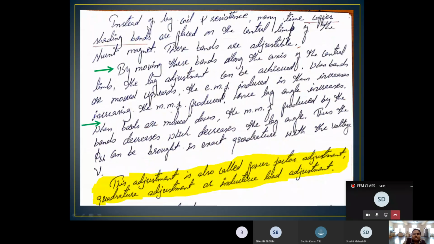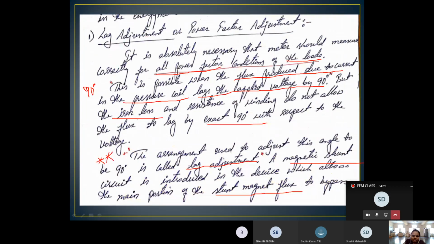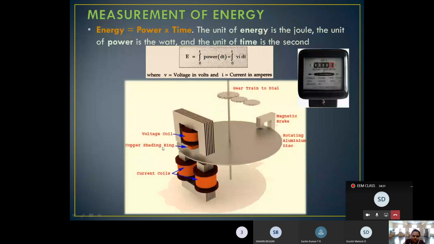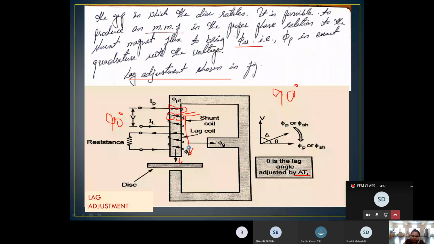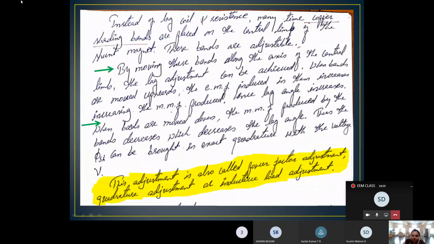Then, instead of the lag coil, we can go for some other methods. That's what we are reading next: lag coil and resistances. Many times we come across a copper shading ring or band.